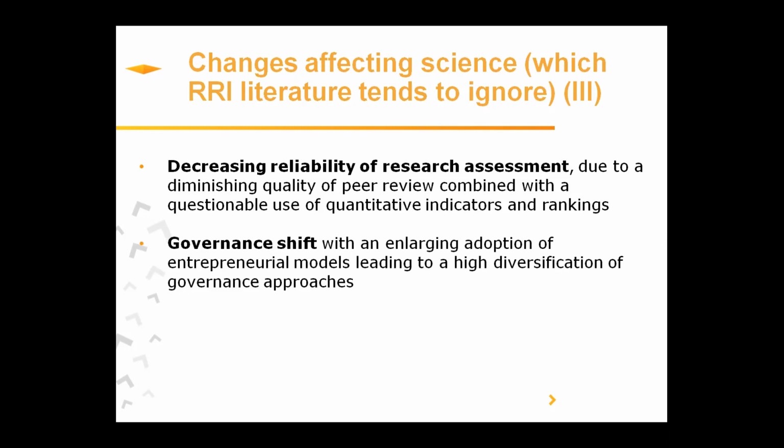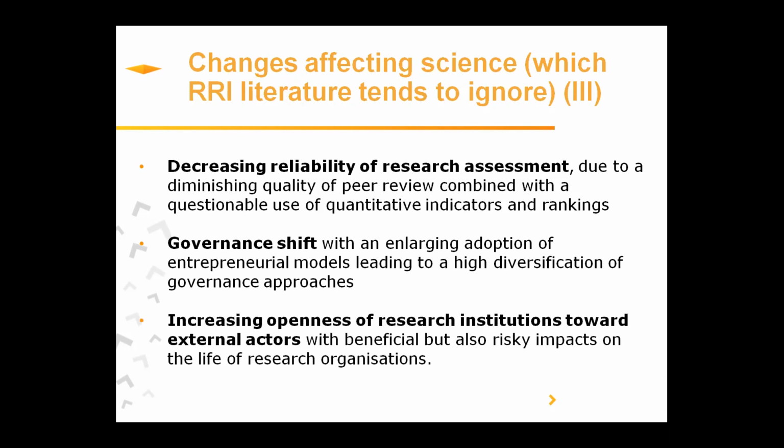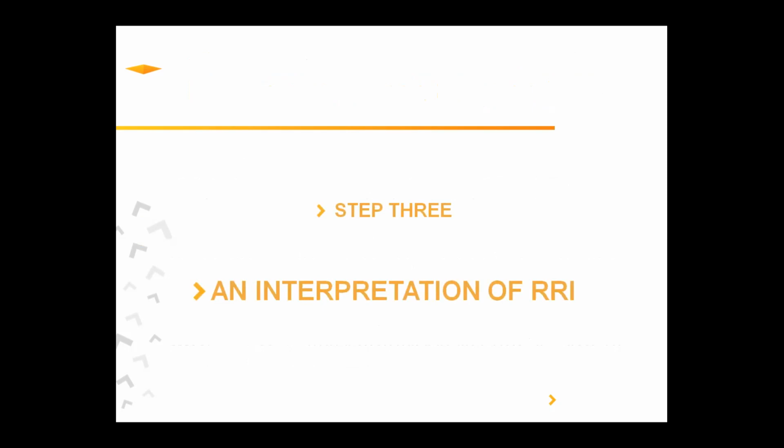There is a governance shift with an enlarging adoption of entrepreneurial models leading to a high diversification of governance approaches. And finally, there is an increasing openness of research institutions toward external actors with beneficial but also risky impact on the life of research organizations. All these changes are not necessarily negative, but they are critical because they are open to uncertain results.